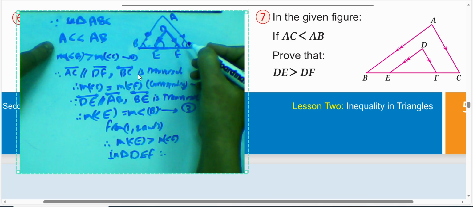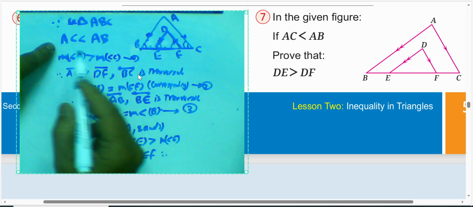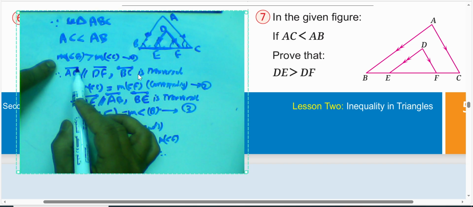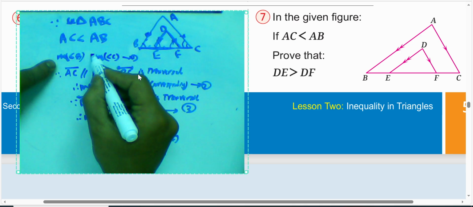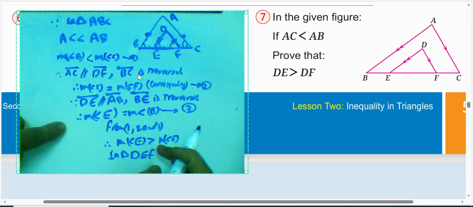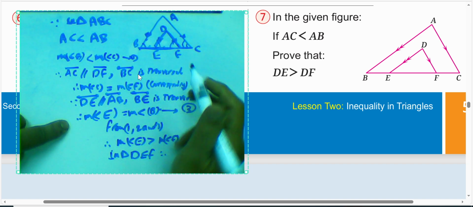Okay, I change direction. Again, AC less than AB. The measure of angle B less than measure of angle C. Okay. Then from relations 1 and 2 and 3, look at here again.